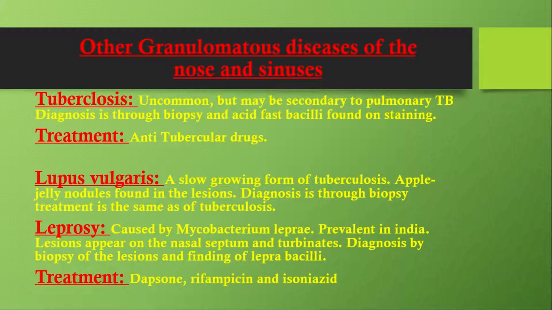Treatment of tuberculosis is anti-tubercular drugs, for example, rifampicin, isoniazid, and so on. The second disease is lupus vulgaris, a slow-growing form of tuberculosis in which apple jelly nodules are found in the lesions. Diagnosis is through biopsy, while treatment is the same as that of tuberculosis.